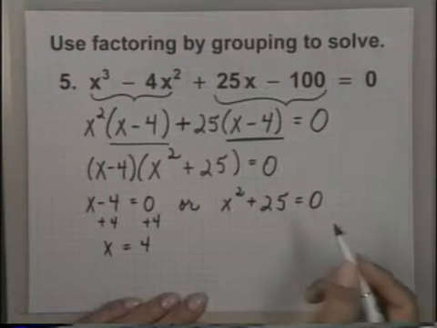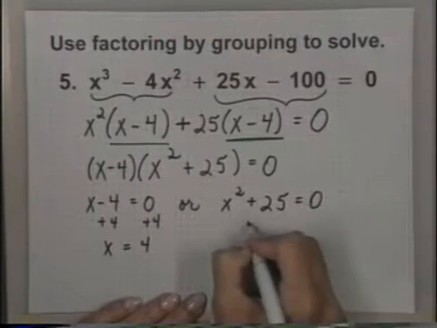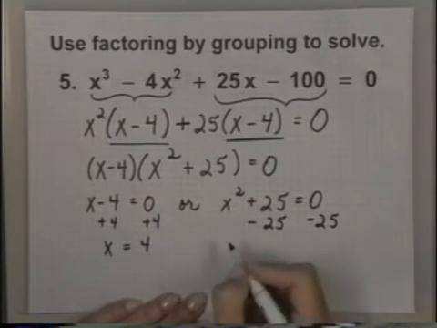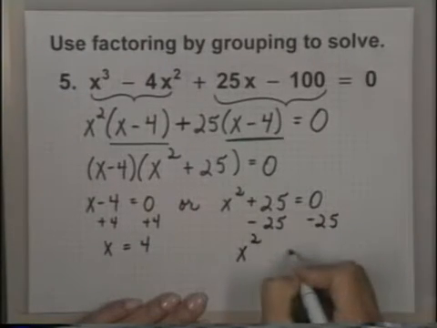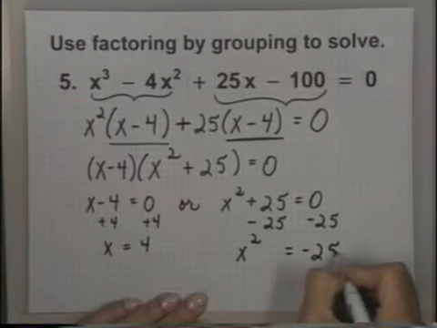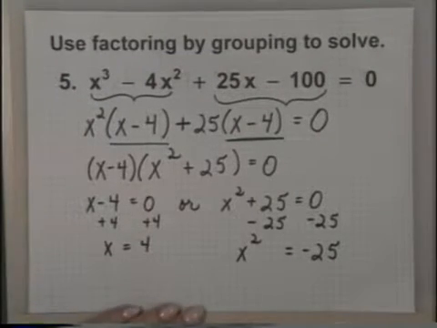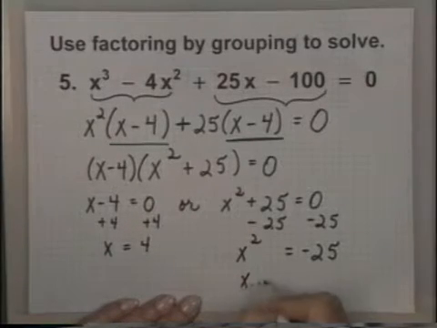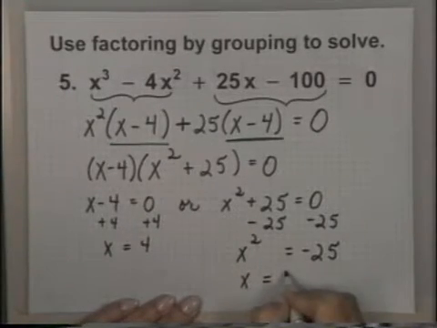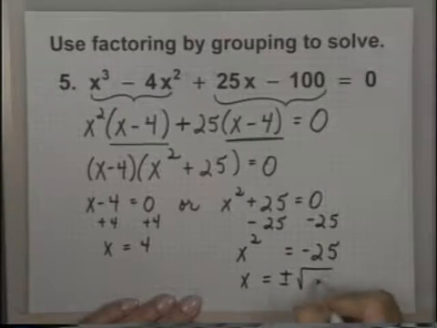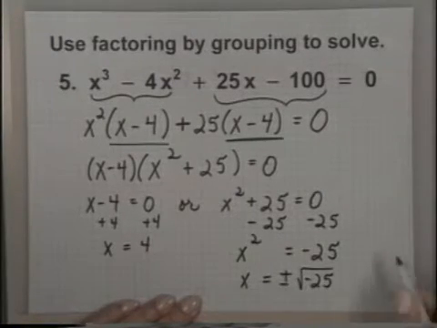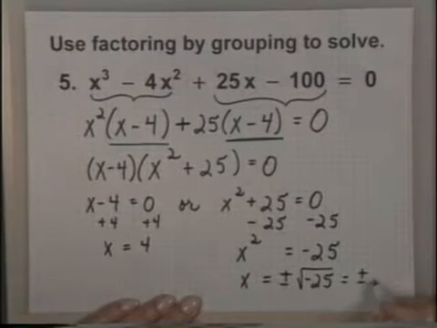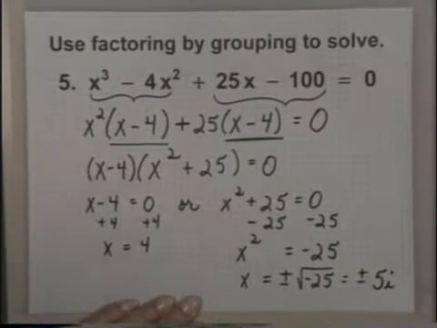Solving for x squared means to get x squared by itself. To do that, I need to subtract 25 from both sides of the equation. I get x squared equals negative 25. Using my extraction of roots property, I know that my x solutions are equal to plus or minus the square root of the negative 25. And of course we know that the square root of negative 25 is 5i.